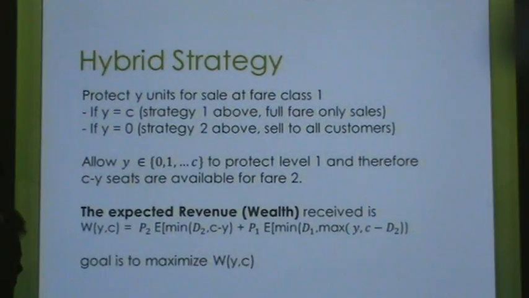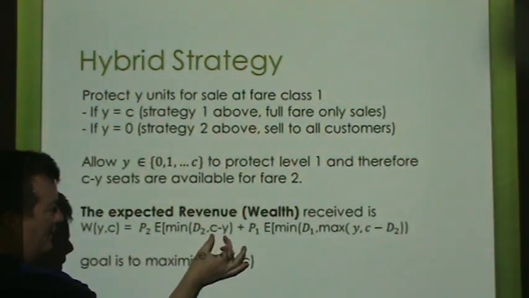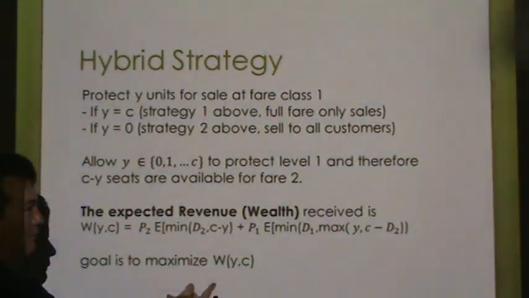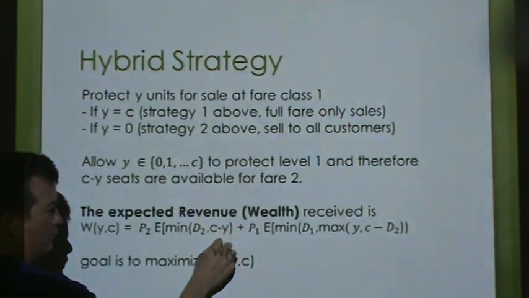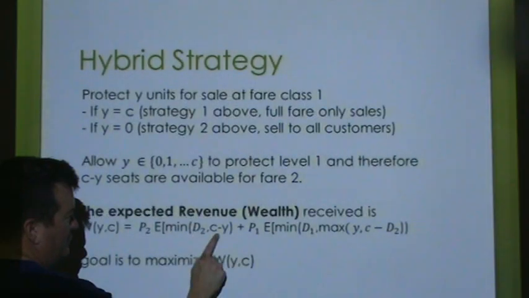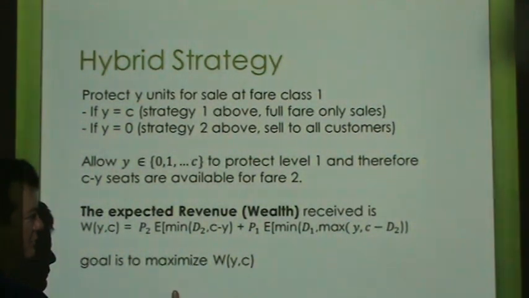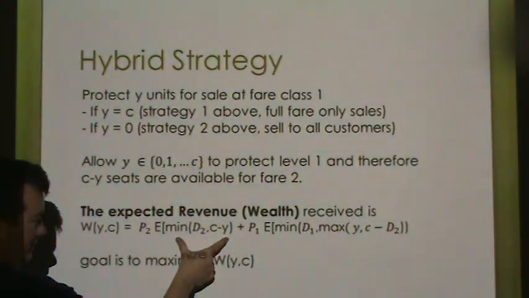We see how many people naturally show up, that's demand 2, and then how many seats do we give to them? Well, that would be the capacity minus the amount we're saving for the higher fare. So whichever is the smaller of these two numbers, that's how many customers we have at the lower fare level.